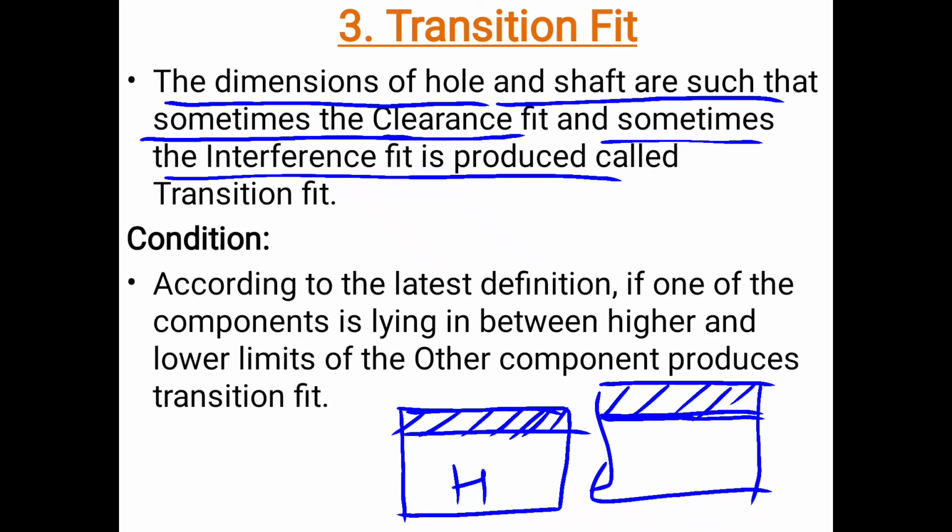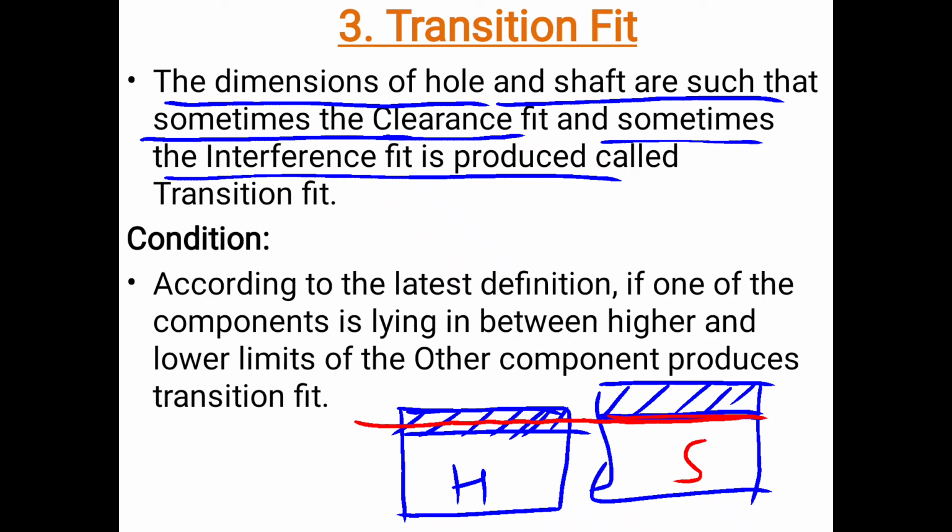So see, in a different color, this lower limit of the shaft is coming in between the tolerance zone of the hole. So sometimes we will get clearance fit, and sometimes we will get interference fit. When will we get the clearance fit?